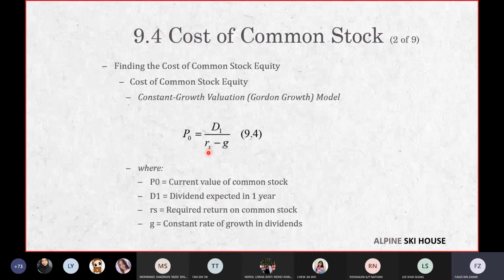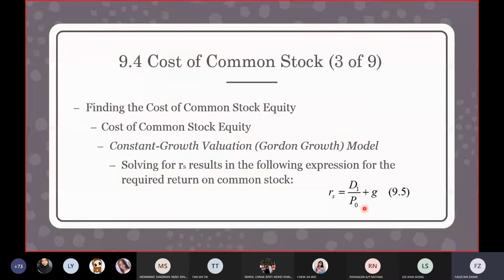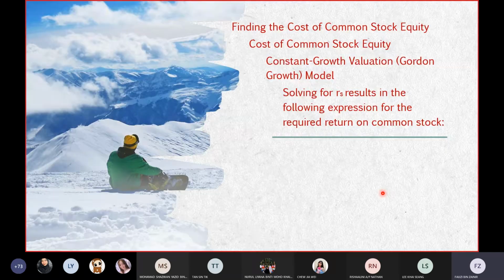So when we reformulate the formula, the return is basically D1 divided by the price of the stock, plus G. So the cost of common stock is the cost from the growth valuation model. Solving for R results in the following expression for the required return on the common stock.